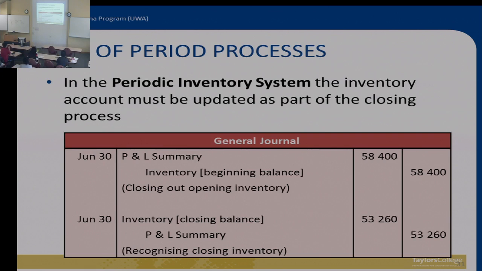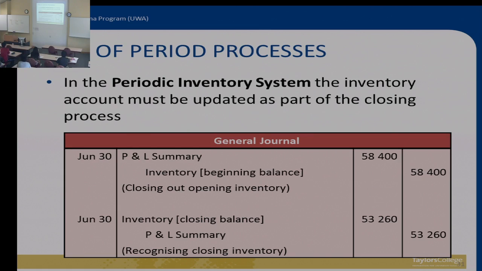And then you put in your new inventory balance here. So now your inventory from your stock take is valued at 53,260, and that closing entry, closing it here and opening it here, really, is how you achieve that.